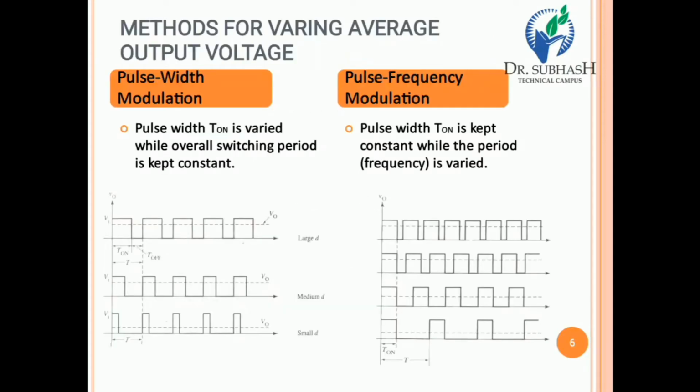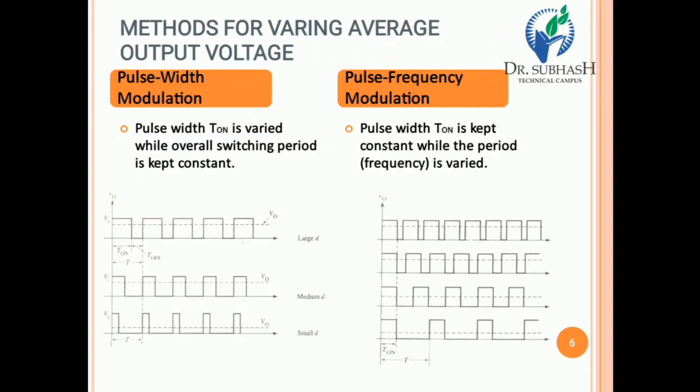Now we can discuss the methods for varying the average output voltage. Dear friends, these are divided into two different methods: first, pulse width modulation, and second, pulse frequency modulation.